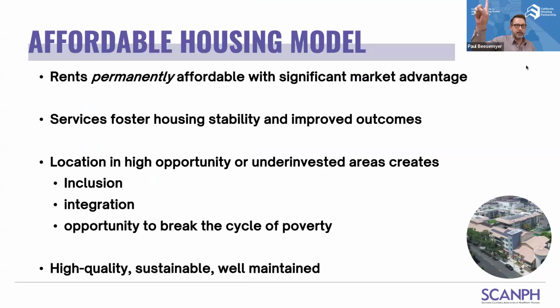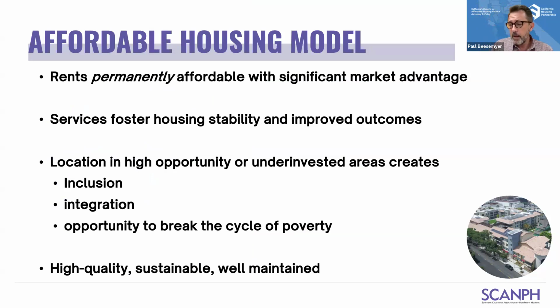So, top answer on the board is that in any form of affordable housing, the absolute number one defining feature is that rents will be permanently affordable, meaning that they offer significant advantage over market. What does that mean? Rents are going to be below market, and in general they have to be at least 10% below market rents or so.